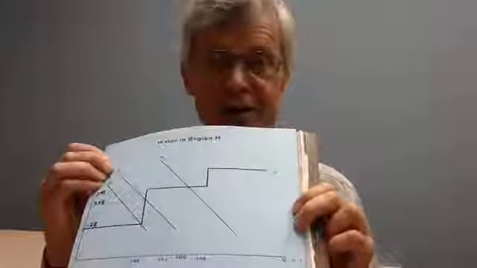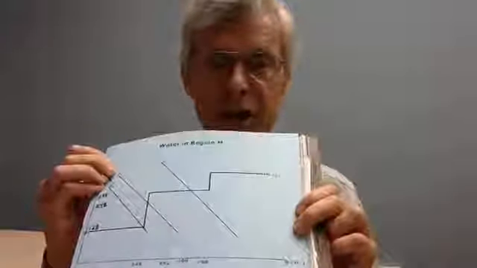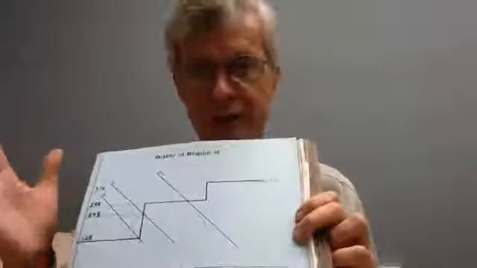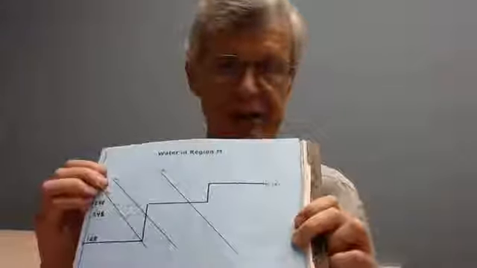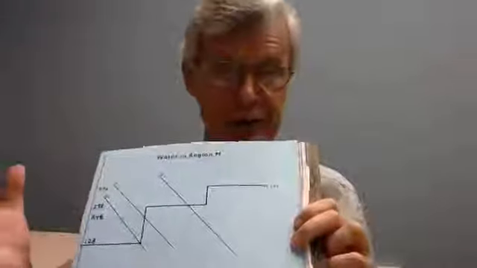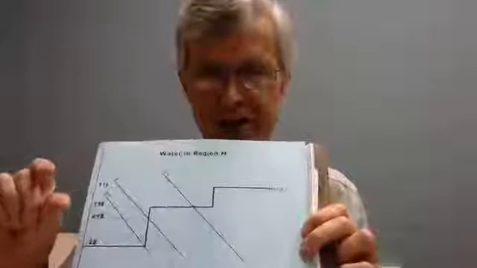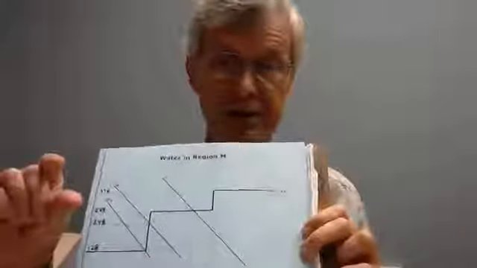You want all the users to be purchasing some water at the highest price so that their decisions at the margin of how much or a little more or a little bit less water to purchase has a $288 per acre foot impact, depending on whether they're purchasing a little more or a little bit less. You want them to feel the true cost of the water, at least at the margin, okay?